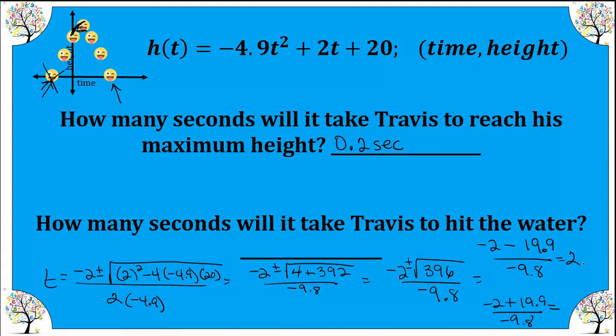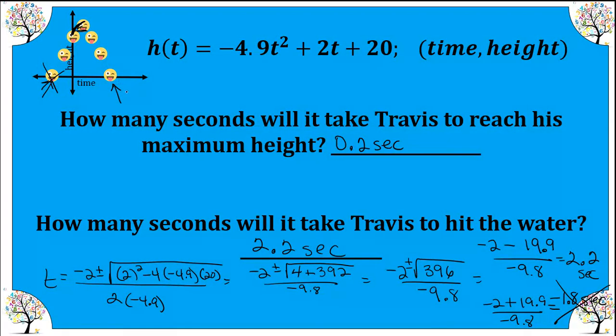I'm just going to say 2.2. That's seconds. And then this one is going to give us our negative answer. And we divide it by negative 9.8. That gives us a negative 1.8 about seconds. So again, this one is irrelevant. So it takes him about 2.2 seconds to hit the water.